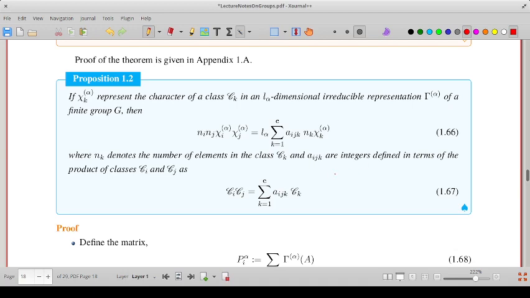And we have also seen in one of our earlier classes that the product of the classes contains complete classes, and therefore the result of this class multiplication between Ci and Cj will contain complete classes. For example, if one of the elements of a particular class Ck is there, all elements of the class will be there.